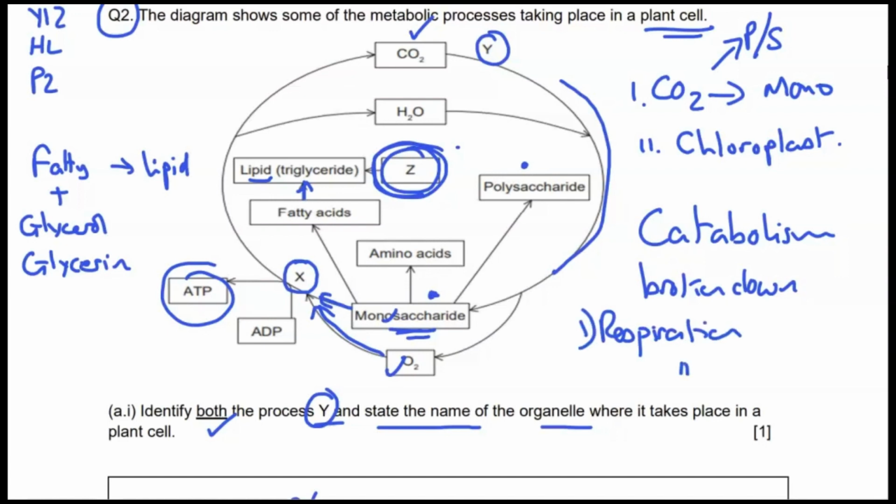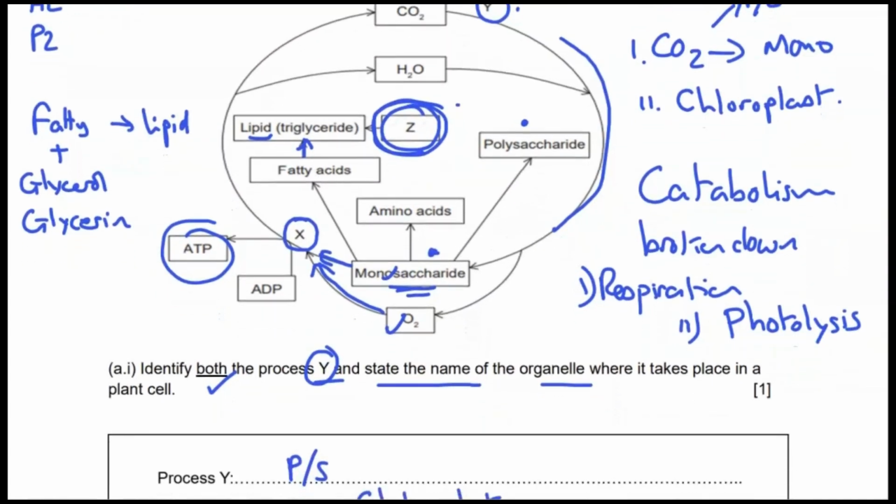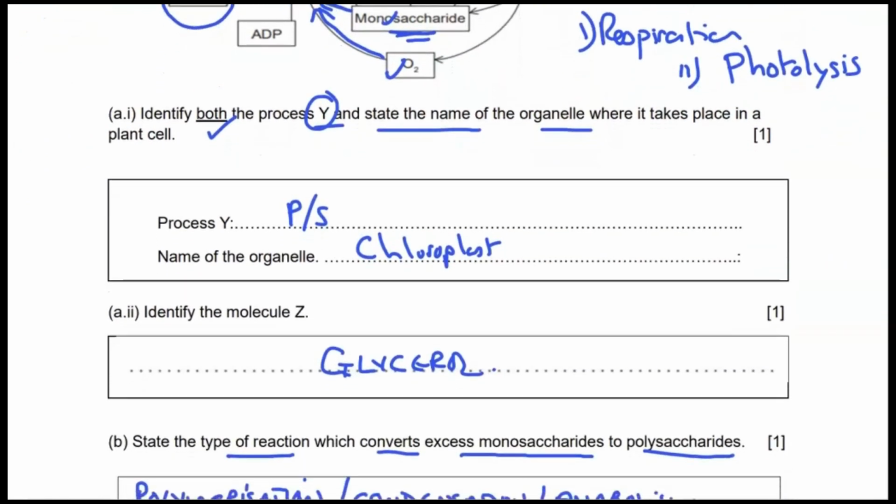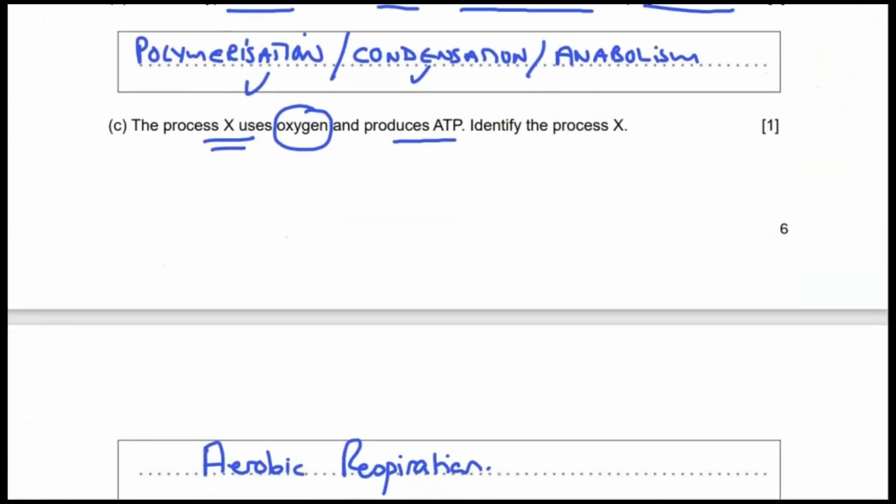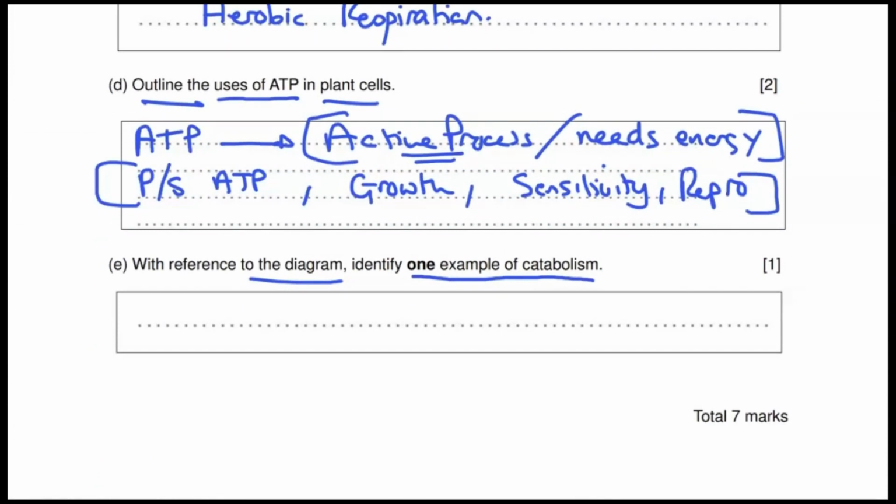But a second one is to be aware that in photosynthesis we have the process of photolysis, breaking down the water to provide a source of hydrogen ions. So we would need to put either of those two. My personal preference would be to put respiration, but it is technically perfectly acceptable and correct to put photolysis.